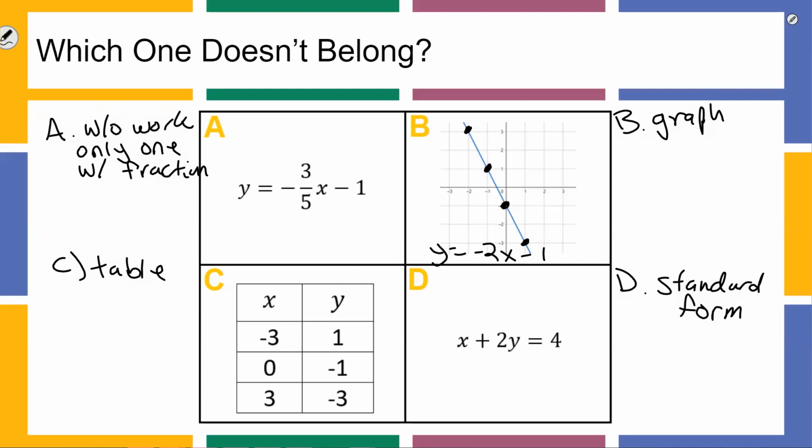For C, you could either use two of the points to do your slope intercept form. You could have plotted these into decimals into your calculator. You could also just see, since we know our slope is the change in y over the change in x, I can see my y's are going up by 2 each time. And my x's are going down by 3 each. So my slope is going to be negative 2/3. My y-intercept is given.